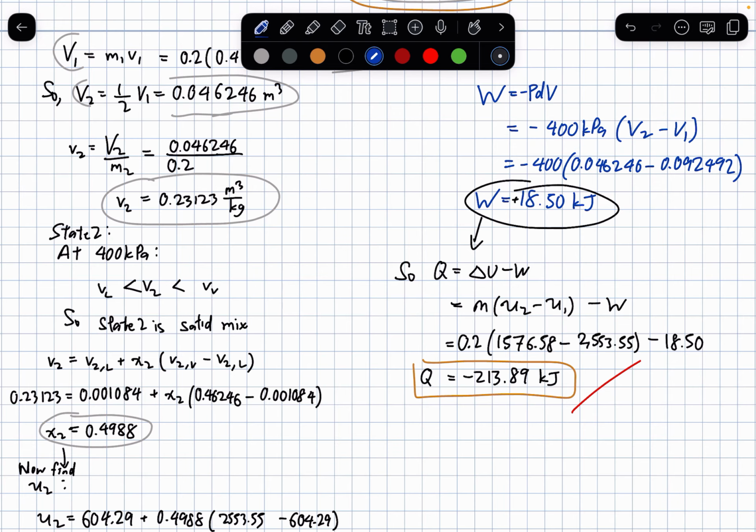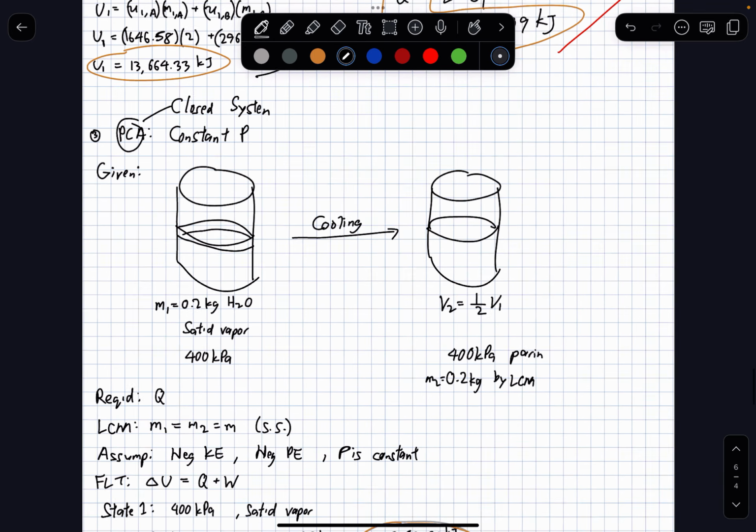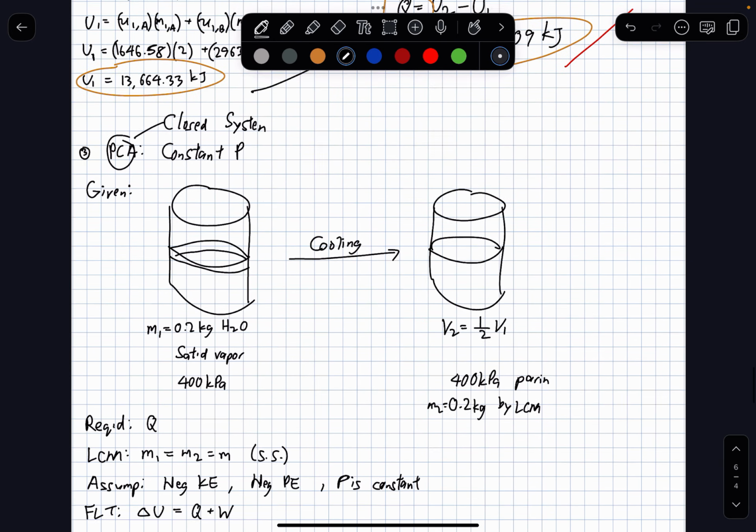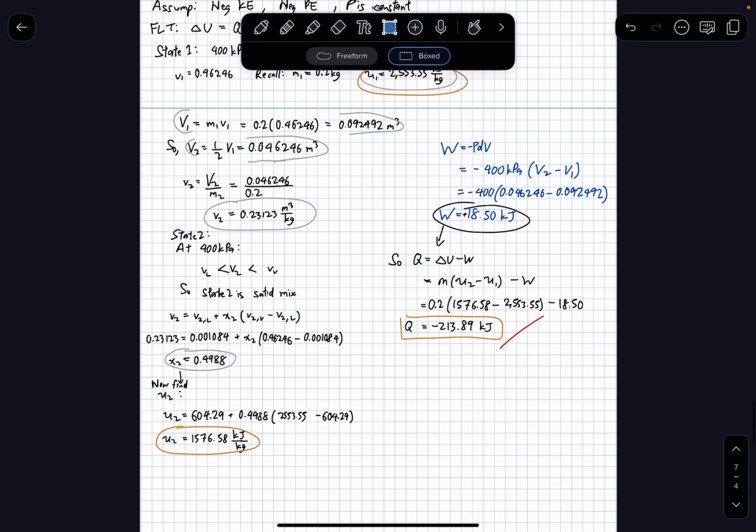Heat leaving system. Yeah, okay. I feel like problem 3 is easier than problem 2.